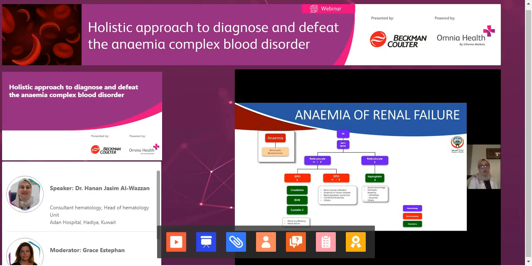If the erythropoietin is low, you will measure the creatinine and the blood urea nitrogen or cystatin, and it could also be anemia of inflammation. If the erythropoietin is high, it could be bone marrow infiltration, or MDS, or anemia of chronic disease.